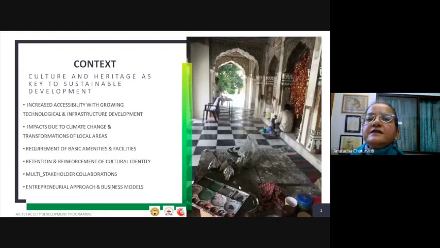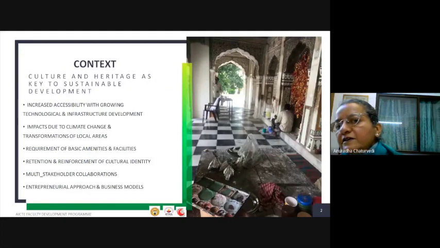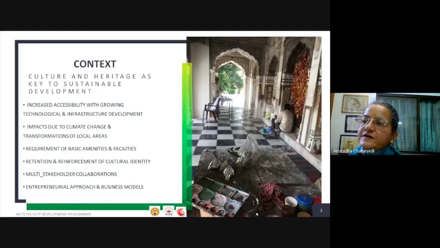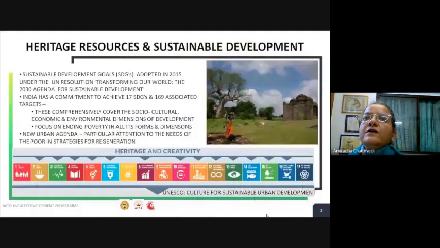There is a necessity for multi-stakeholder collaborations, and it is extremely important for us to understand that heritage is an asset and a resource, and that for community-centered development which is sustainable, it is necessary to have an entrepreneurial approach and to develop business models for that purpose. So when we look into the Sustainable Development Goals, what are they?